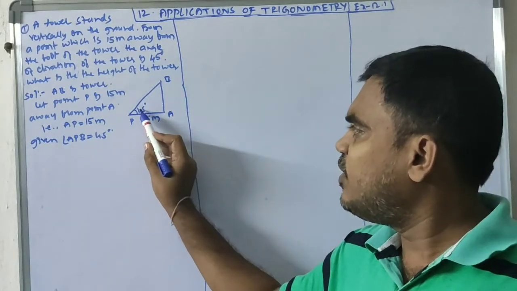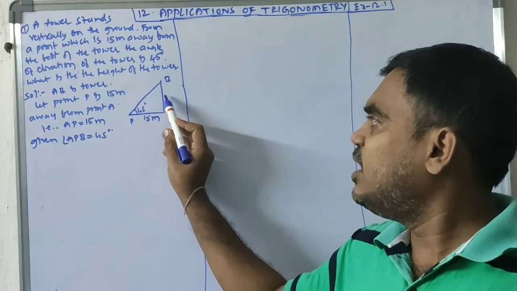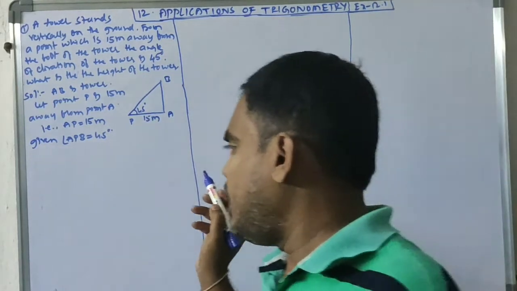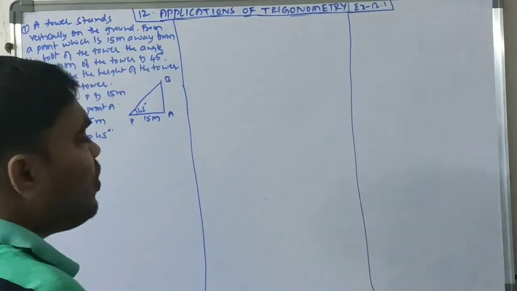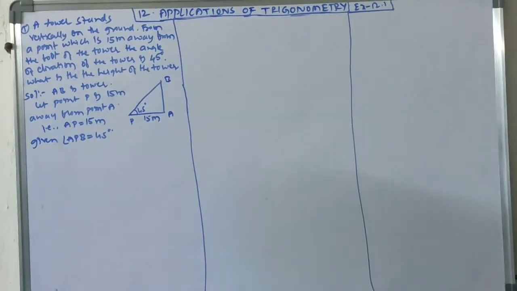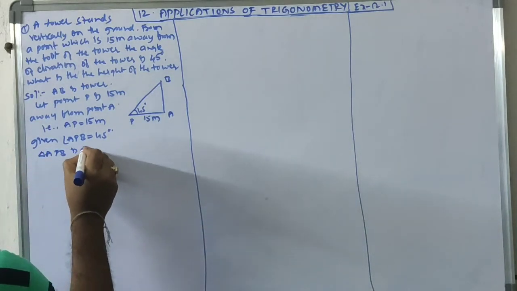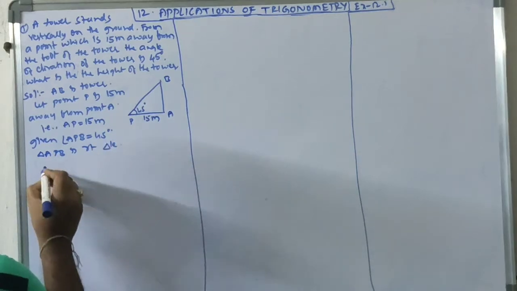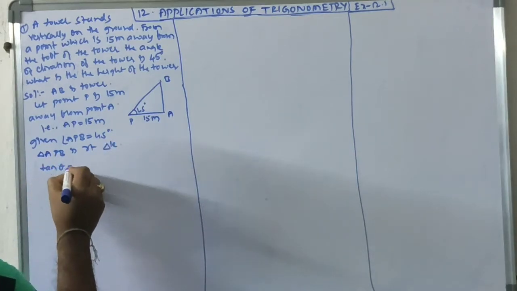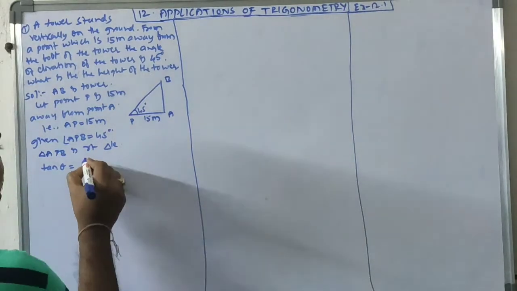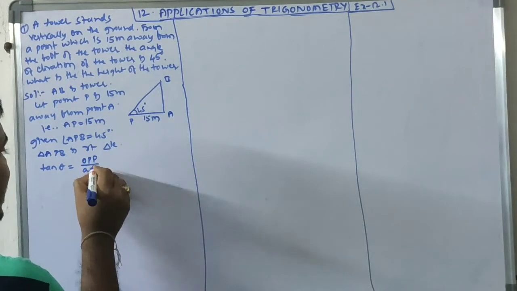If we observe this 45 degree angle, AB is the opposite side and AP is the adjacent side. The relation between adjacent and opposite is tan. So triangle APB is a right triangle. Tan theta equals opposite by adjacent.